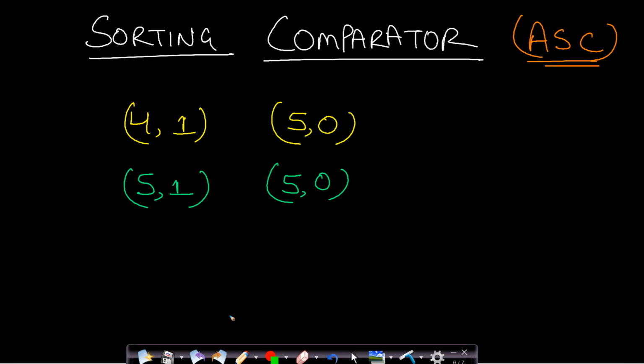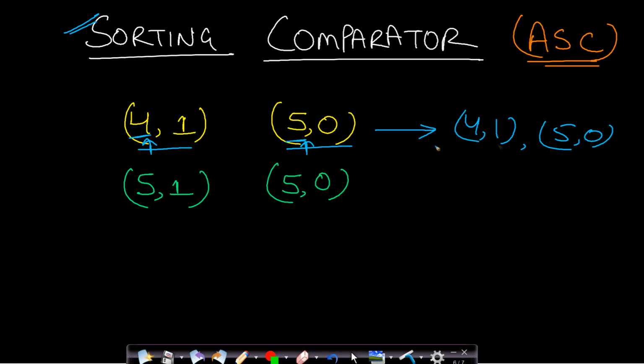Before seeing the algorithm, we should know about the sorting comparator which we will be using in this case. Let's say you have two persons, one with height 4 and another with height 5. If you sort in ascending order, that will be based purely on height, because we are sorting in ascending order based on the first value. So this will come out to be 4, 1 and 5, 0, in the same order.